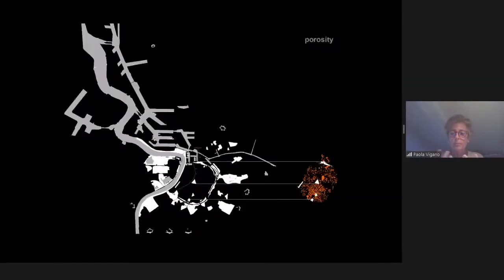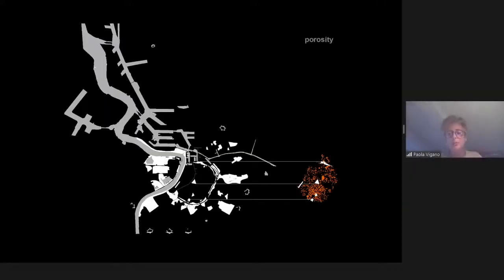And by referring to this emptiness as an incredible challenge for the city to rethink itself, both at the scale of the small empty spaces, but also the scale of the big industrial or harbor areas that had been abandoned.